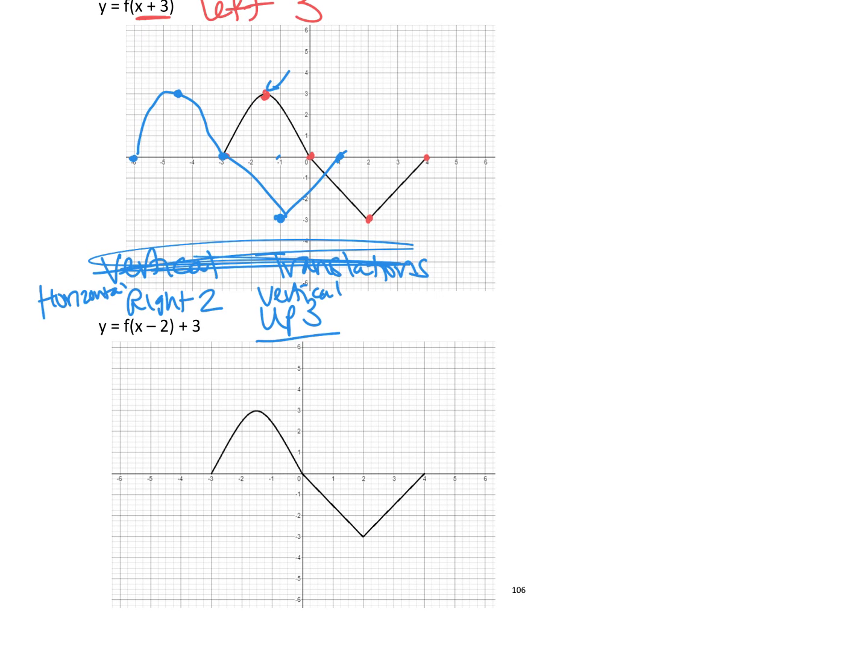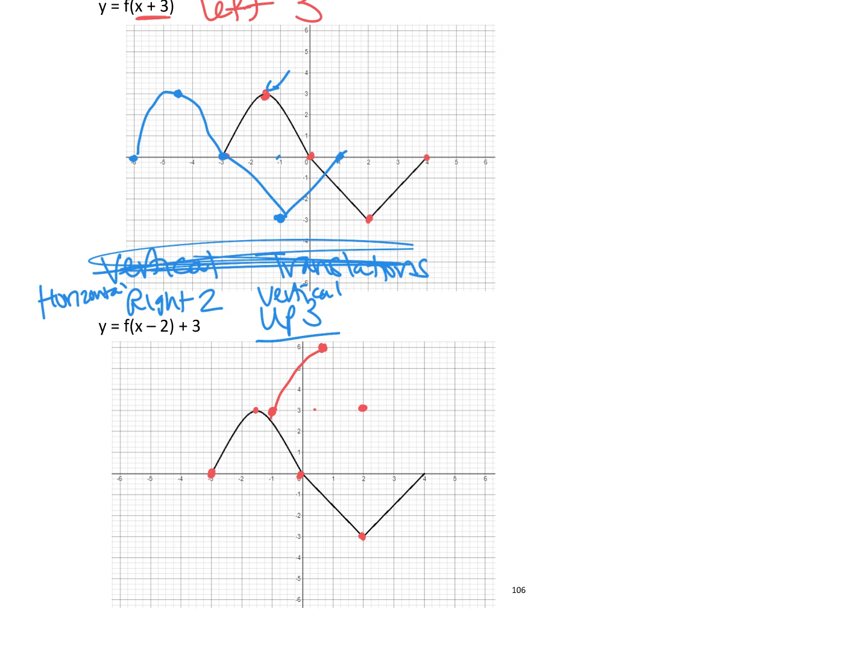So same idea, I'm going to take this ordered pair. I'll go to the right 2 and up 3. And then I'll take this ordered pair. I'm going to go to the right 2 the best I can and then up 3. So far I would have that. Then I go to this ordered pair. I want to go up 3 and to the right 2.